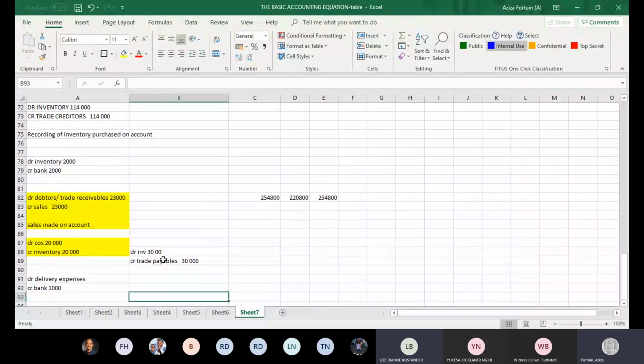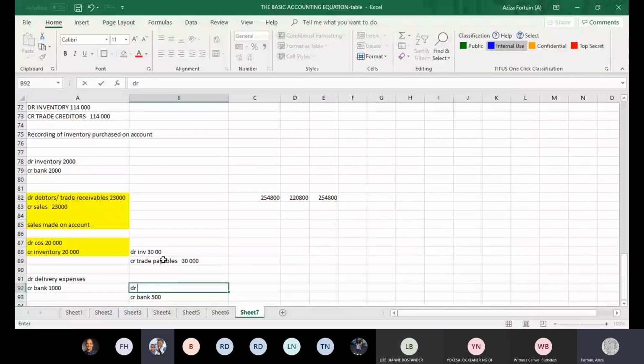Paid for inventory, we're going to credit our bank, 500. And we're going to debit our merchandise inventory, 500.